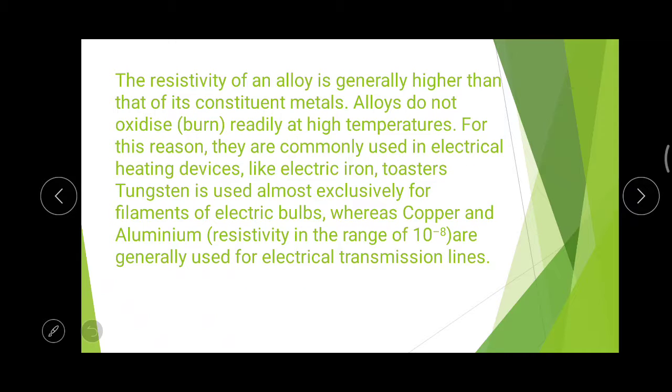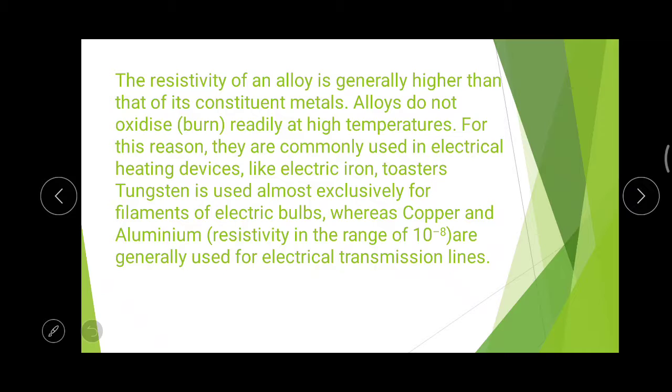The resistivity of an alloy. Alloy means a combination of two or three pure metals, and that combination is known as an alloy.